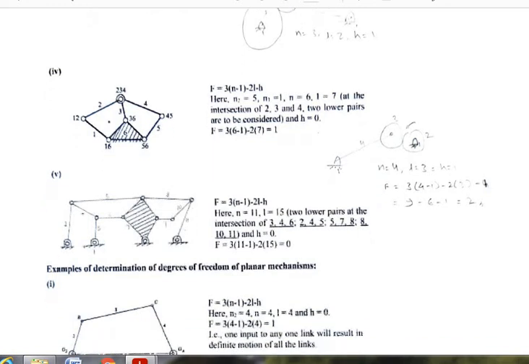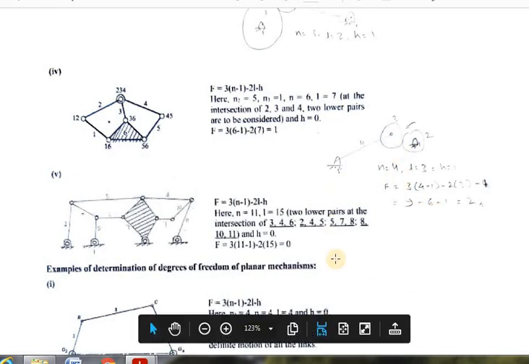So this completes the problems on Grubler's criteria, and we'll see the other theory portion of the syllabus in the next class. I'll post the other examples on the WhatsApp.